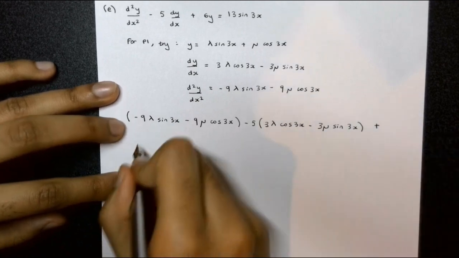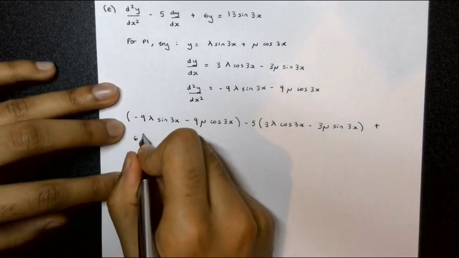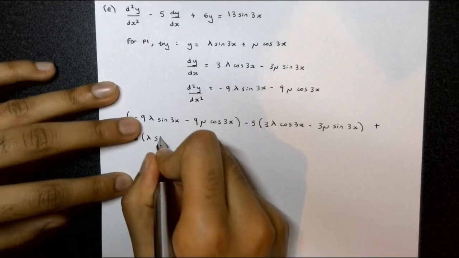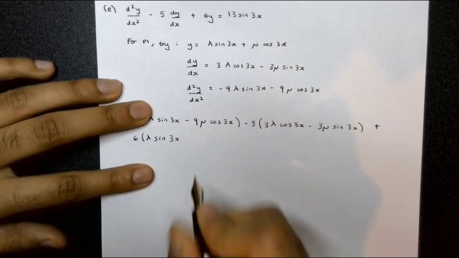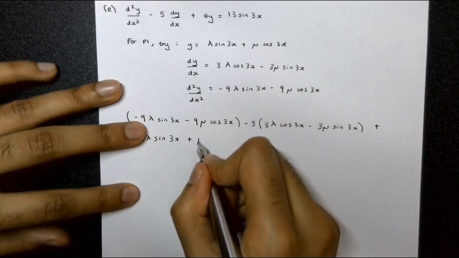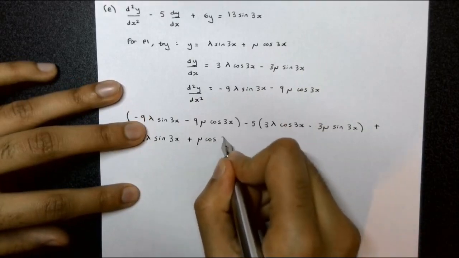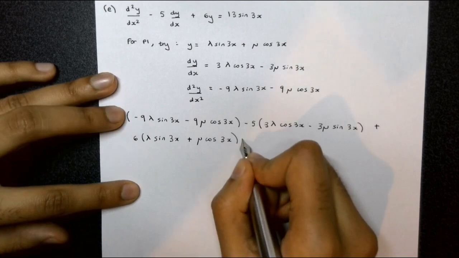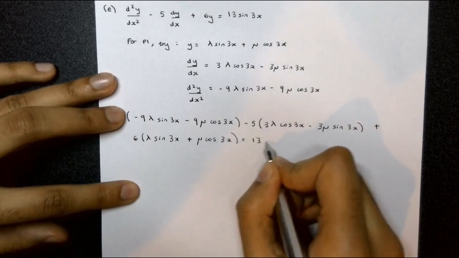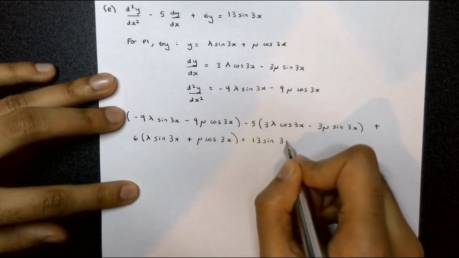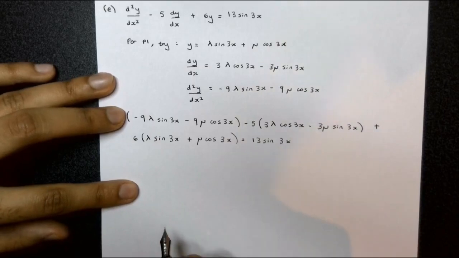So we add on 6 lots of lambda times by the sine of 3x plus mu times by the cosine of 3x, and this is equal to 13 times by the sine of 3x.